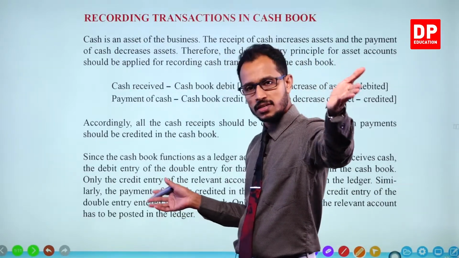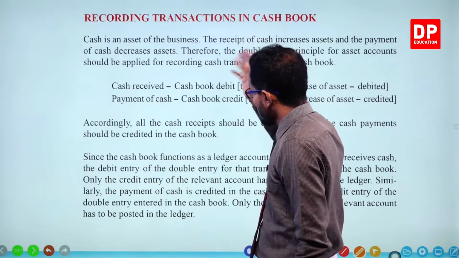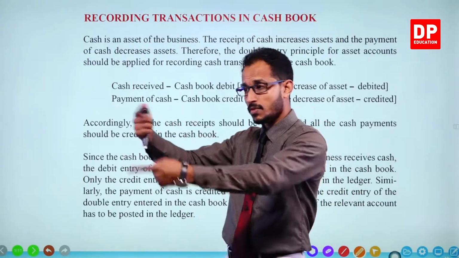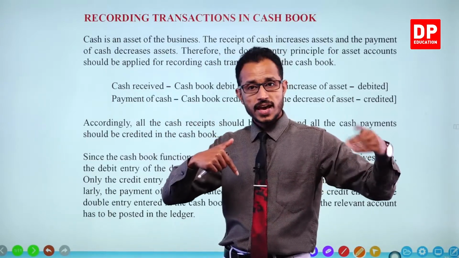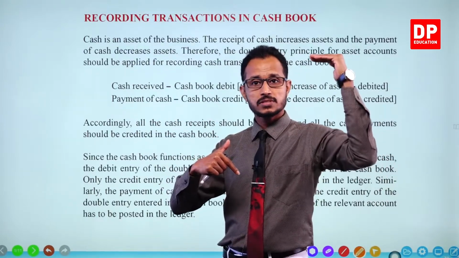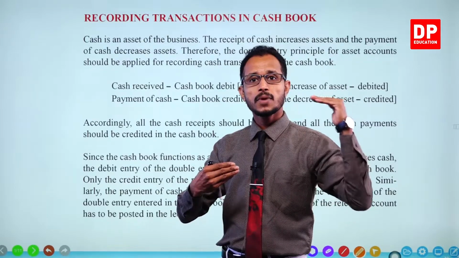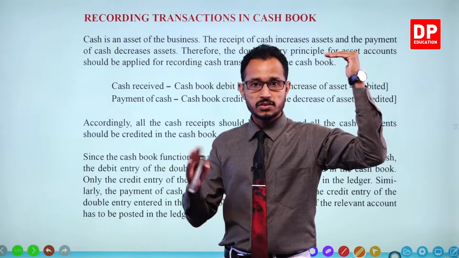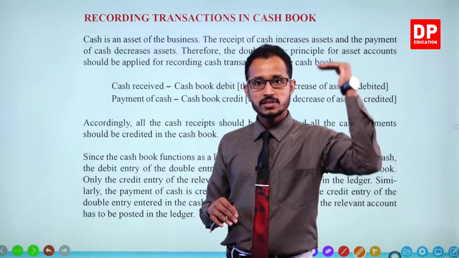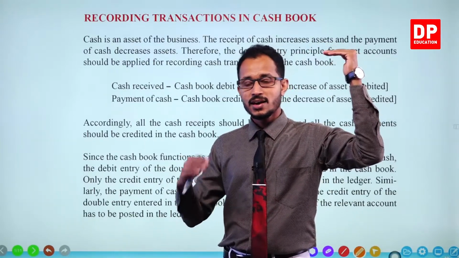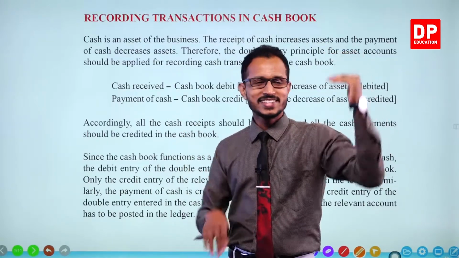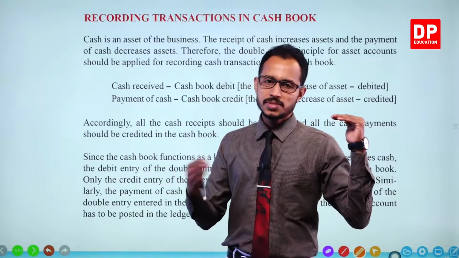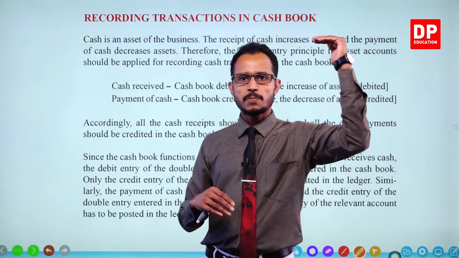When we receive cash, our cash asset increases. It goes up, up, up. But we like it when we get more cash, right? Well, anyhow, when the business gets cash, the cash asset goes up.